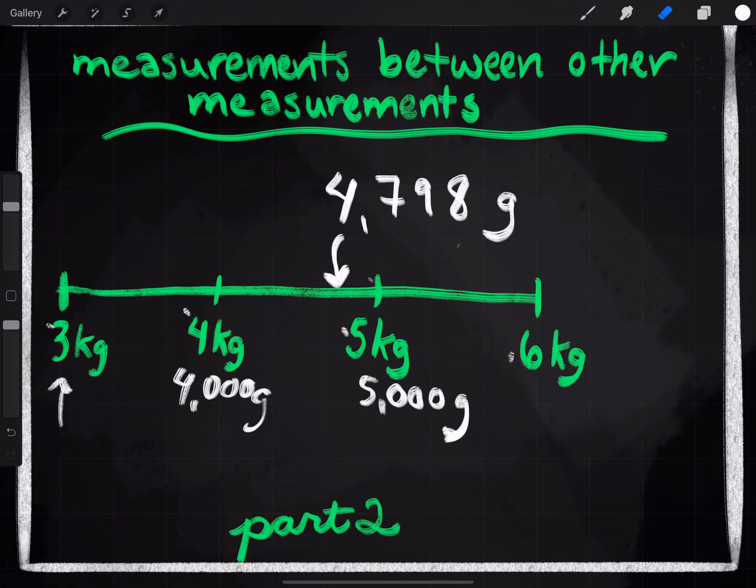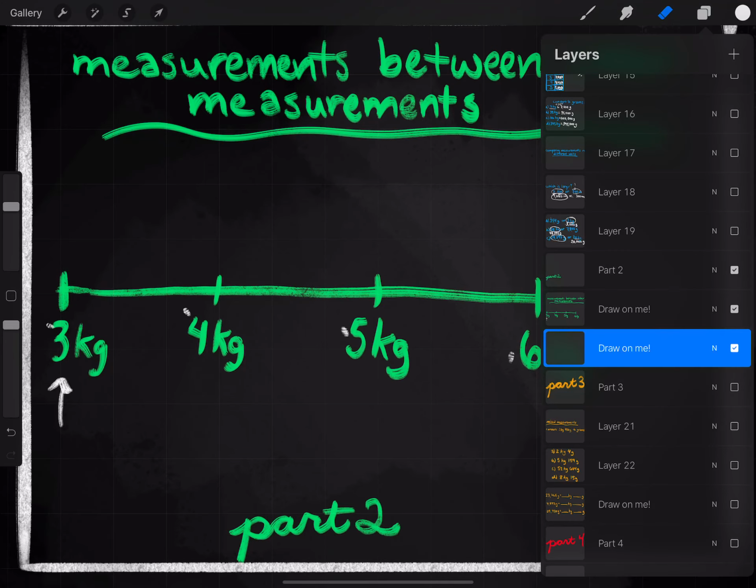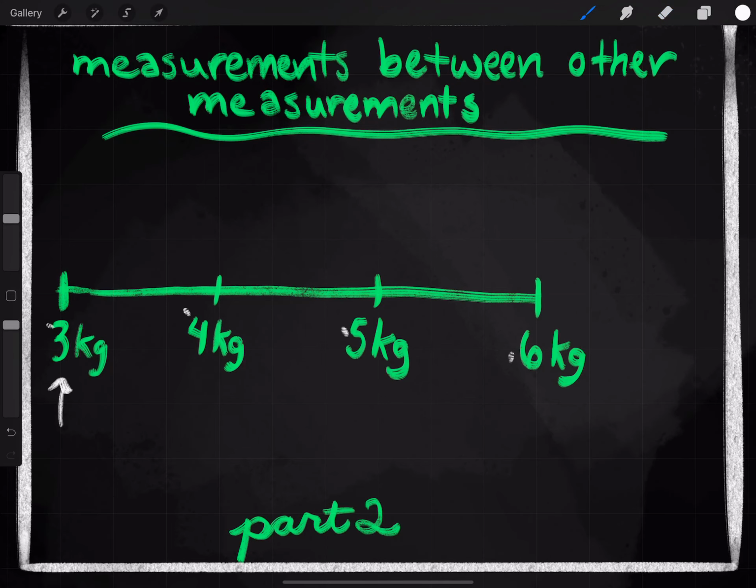All right, let's do a couple more. What measurements in kilograms would be on either side of this? So for example, let's do 5,892 grams.